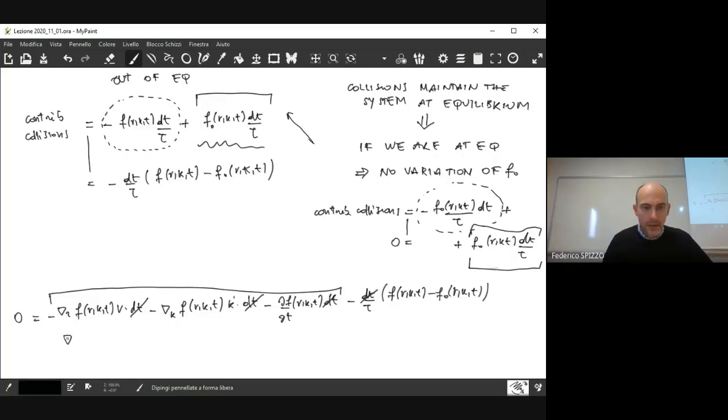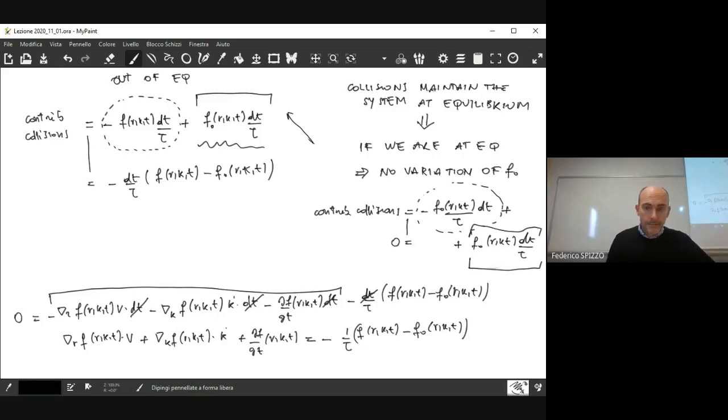So we have the gradient with respect to r of f scalar product velocity plus the gradient with respect to k of f scalar product k prime plus the derivative of f with respect to t is equal to minus 1 divided by the relaxation time times f r k t minus f0 r k t.